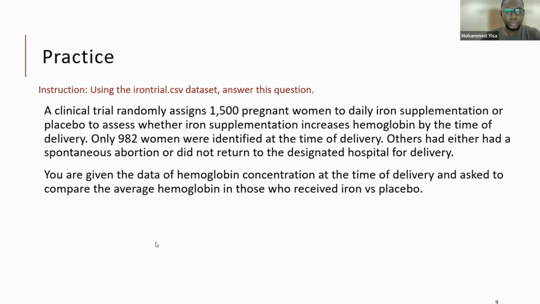Or do you want me to choose randomly? I don't want to put anybody on the hot seat. Any volunteers? It doesn't matter if your results are wrong. Even in real life research, you get mistakes all the time.